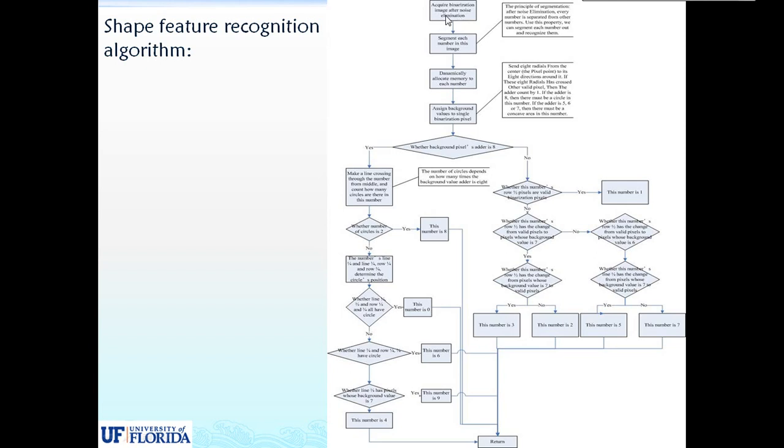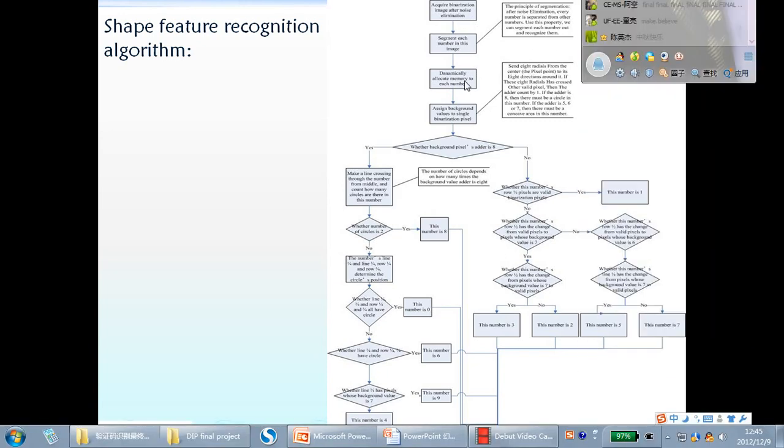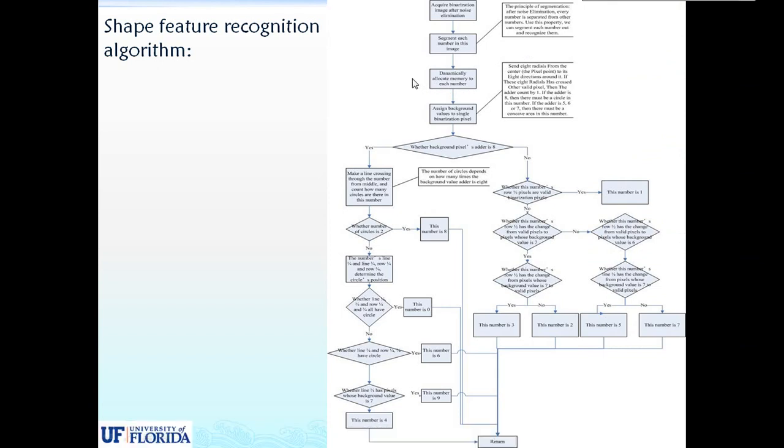We first acquire the binarization image after the noise elimination process, and then we segment each number in this image from the other numbers. And we dynamically allocate memory to each number, and then we assign background values to single binarization pixels.